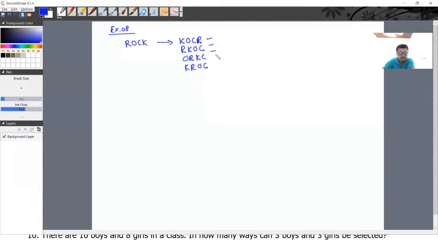How many words can we form by rearranging the letters of this word? How many possible ways are there?